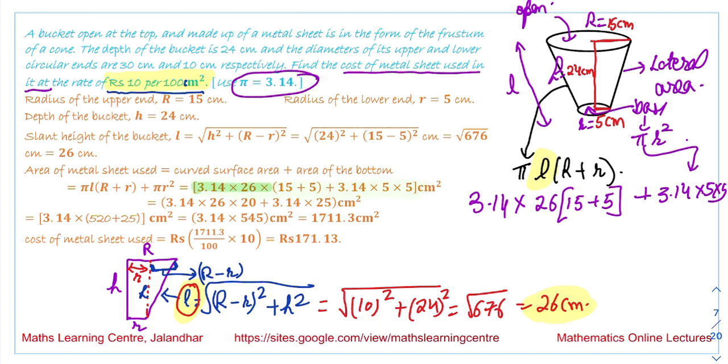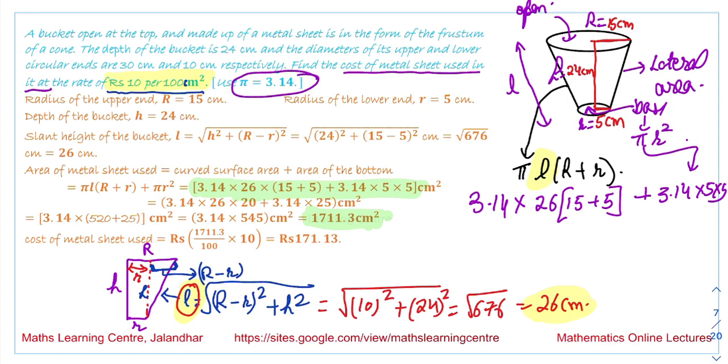So it is 3.14 into 26 into (15 plus 5) plus 3.14 into 5 into 5.